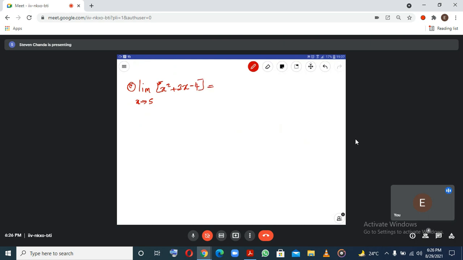Okay, so now how do you find the limit when this goes towards what? When this goes towards 5. When this function goes towards 5. So for this one, you look at, do you have any denominator? Nothing. So meaning for this one you just plug in this value 5.